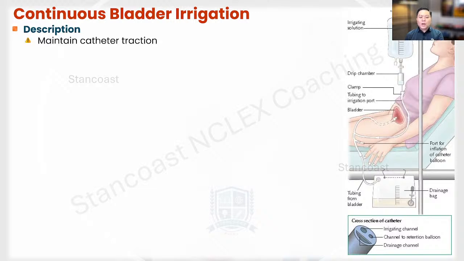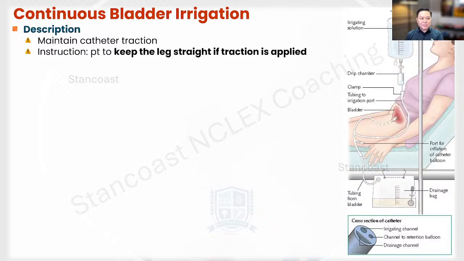Now, our responsibility here is to really keep that traction. Okay, so what does that mean? Maintaining catheter traction. What you're going to do here is tape the catheter tubing to the abdomen, again to prevent untoward movement of the catheter that can cause bleeding inside the urinary bladder.